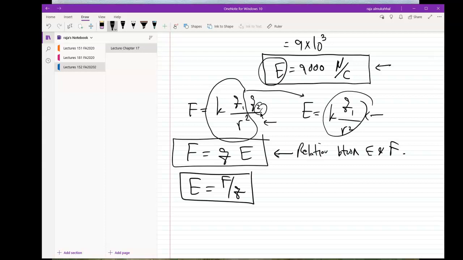Let me look for an example and show you how that works. Oh, yes, that's a good one. Example 17.5. I would like to do maybe a couple of examples before I move on to the problem from the homework. Maybe 17.5 doesn't look bad. Let me go to the book.